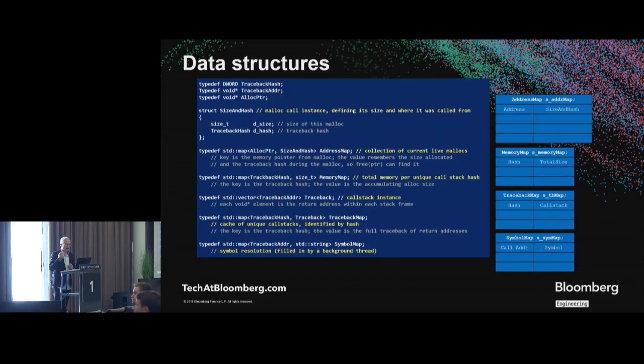We have each traceback represented as a vector of return pointers, and then we store those in another map, which is keyed by hash to tell us from any hash how do we get back to the actual call stack in order to actually display some kind of meaningful answer. And we also have a final map, which is probably going to be filled in by some other thread that actually goes and resolves all the symbols that we have in each of these call stacks.